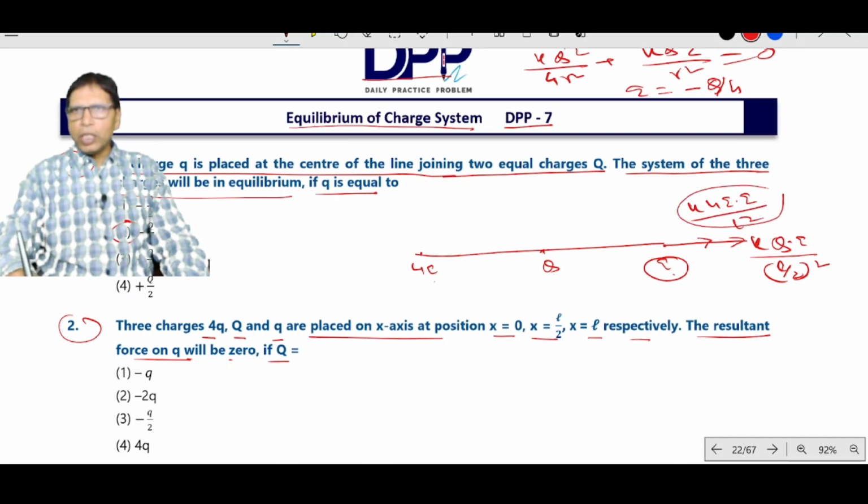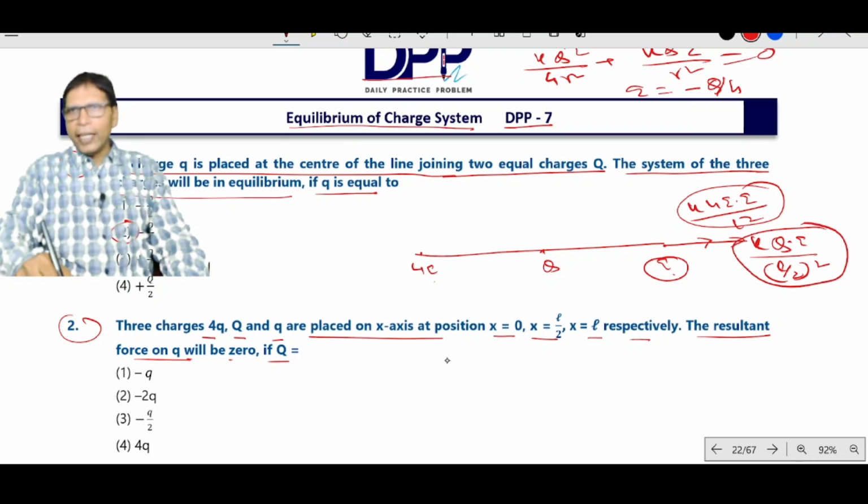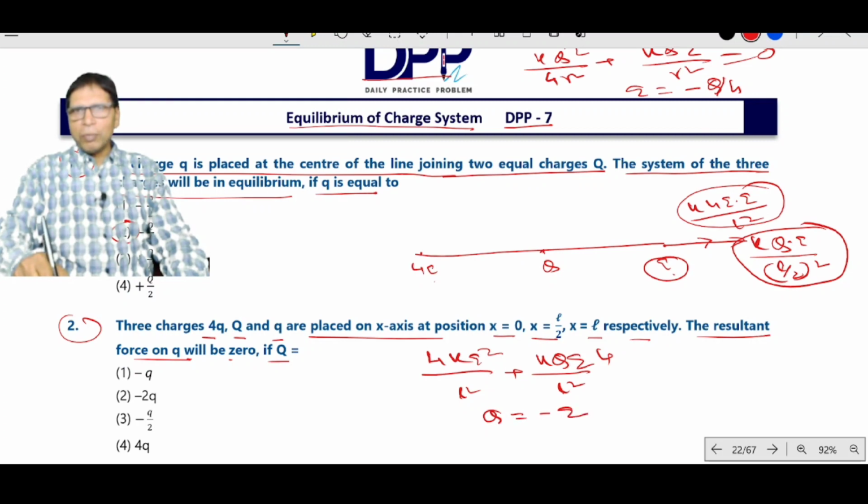Now the sum of this force plus this force equals 0 because they are directed in the same direction. So 4K Q q by L square plus 4q whole divided by L square into 4 equals 0. So here capital Q is equal to minus q. So option 1 is correct.